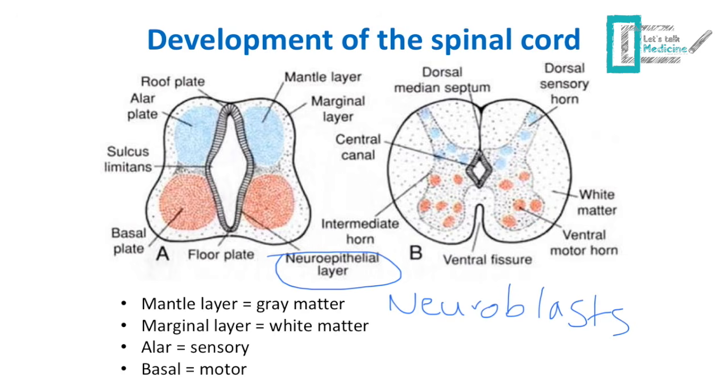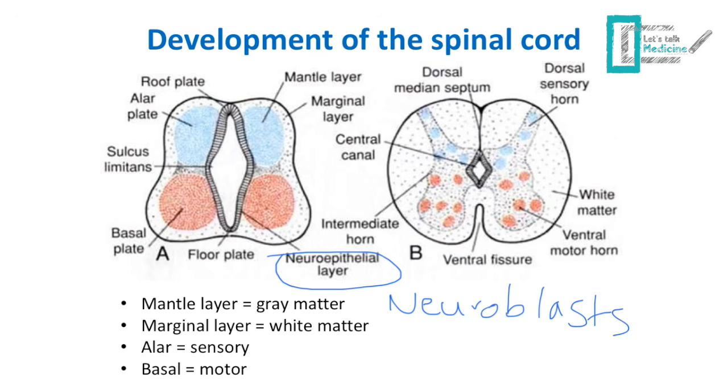So as they divide, they will give you cells here on the edges, okay? And this layer of cells or neurons are what we call the mantle layer. So the mantle layer are new neurons, or they are cell bodies in specific of those neurons. So this is what we call the mantle layer.